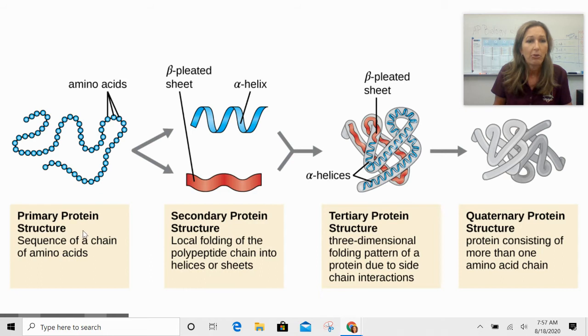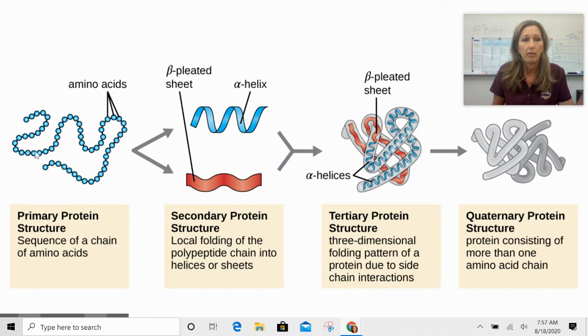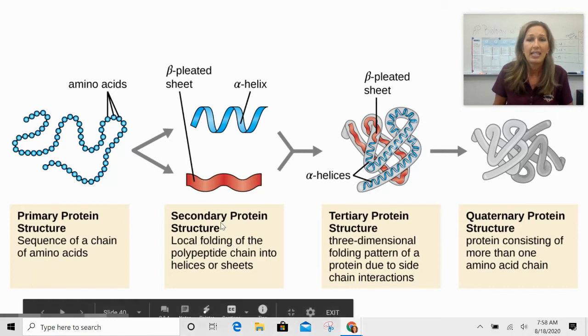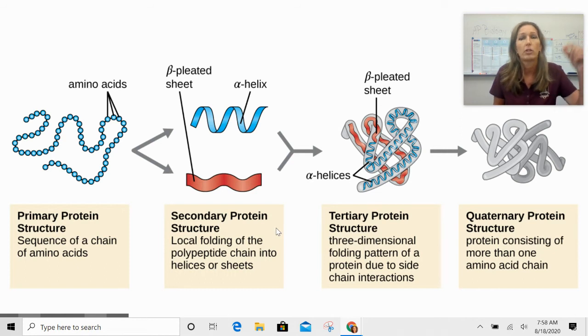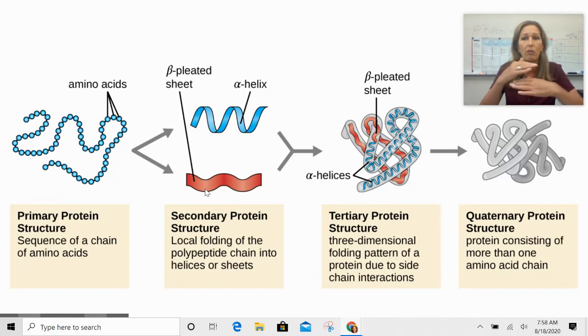So after the primary protein structure, this long chain of amino acids, this long polypeptide, gets folded, and it gets folded based on hydrogen bonding. So the secondary structure of a protein is based on hydrogen bond interactions, where every amino acid has hydrogens that are attracted to more electronegative atoms of a different amino acid. And there are enzymes that help fold it, either folding over the top of each other or folding it into a helix.